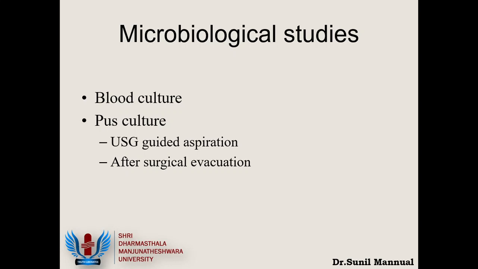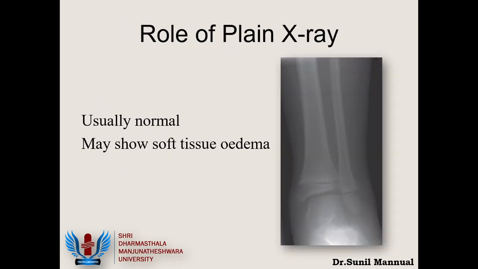So what is the role of plain X-rays? To make a diagnosis of acute osteomyelitis, a plain X-ray is not required because a plain X-ray per se will not show any changes in a case of acute osteomyelitis. It may show a little bit of soft tissue edema just above the bone. Otherwise, the plain X-ray is not going to show us anything.